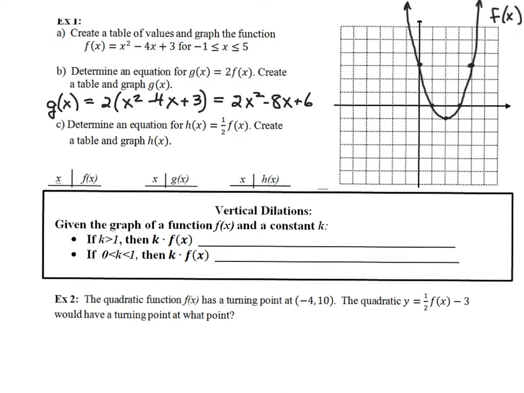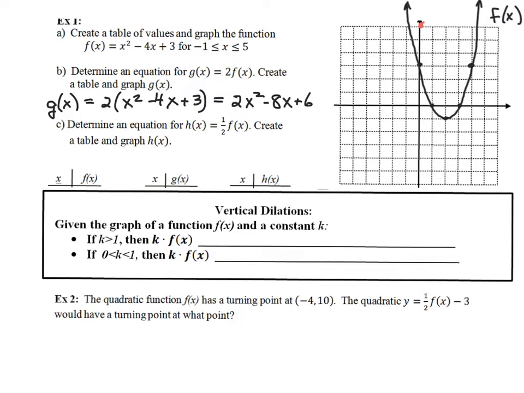When I do that, the x-coordinate stays the same as -1, and the y-coordinate is 16. But that's clearly too big for my graph, so I'll go to the next point. When x is 0, I end up getting an answer of 6. So at 0, the y-intercept is 6. That, of course, makes sense because all we've done is doubled our y value.